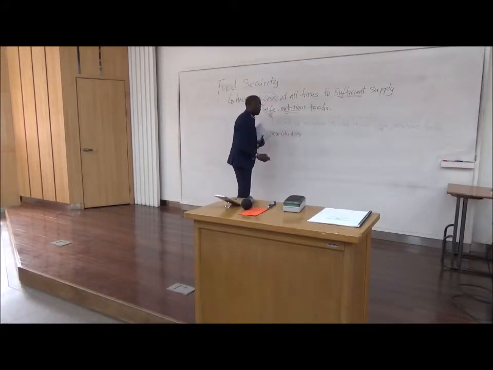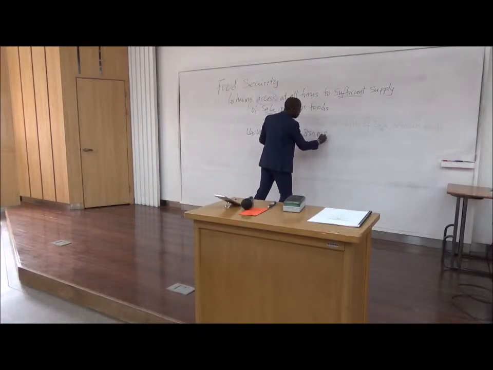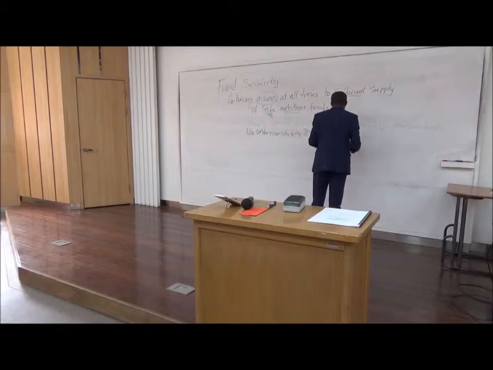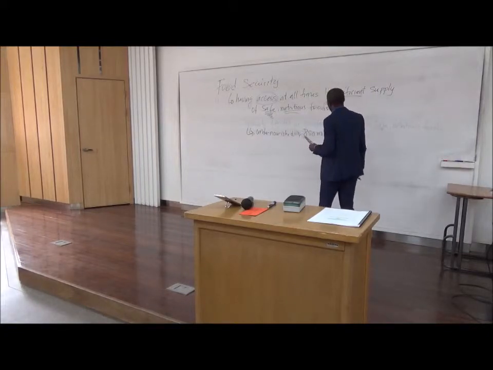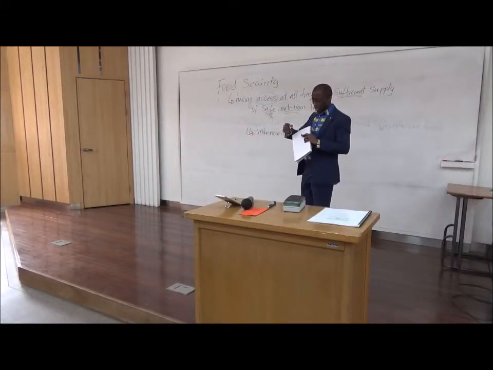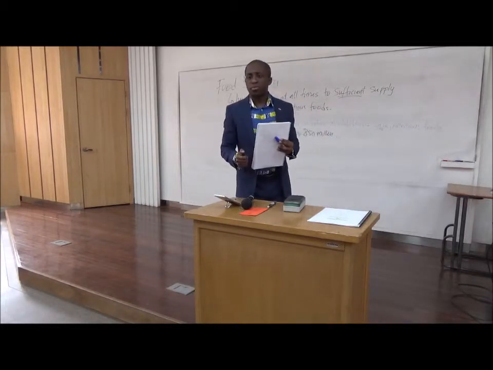And the people who are undernourished around the world, they are around what? 850 million people. Okay? So that's a big number, almost a billion. All right, almost a billion. So this is actually a serious problem.